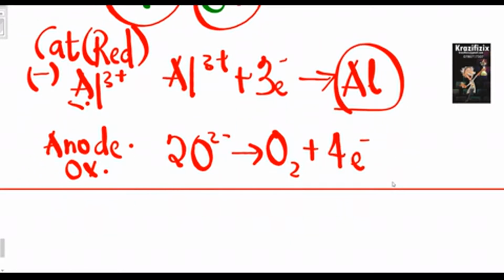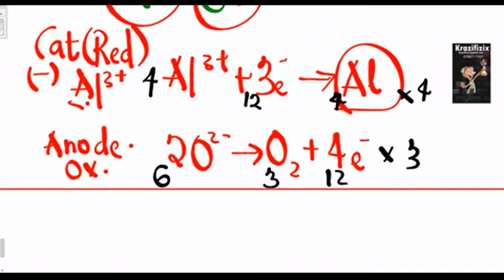Again, if we want to write our balanced reaction, remember what we've been doing so far? We need to multiply this by 4 and multiply this by 3 so that this becomes 4Al, 12 electrons, and 4. This becomes 6, and this becomes 3, and then this becomes 12. So that our final answer will be 4Al3+, 6O2-.